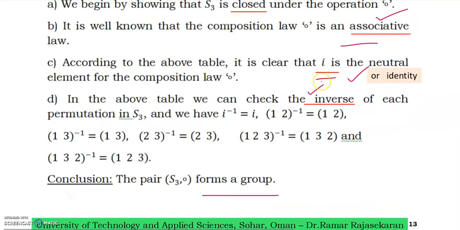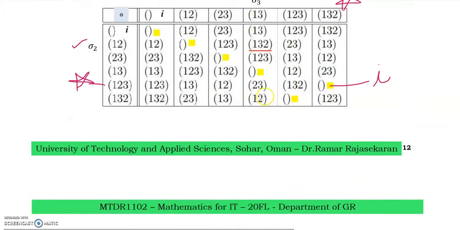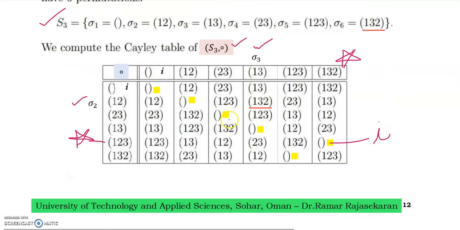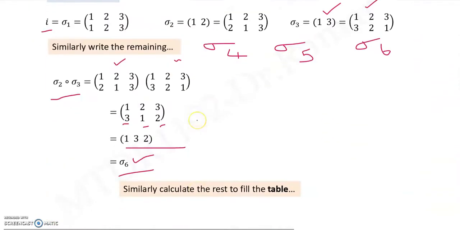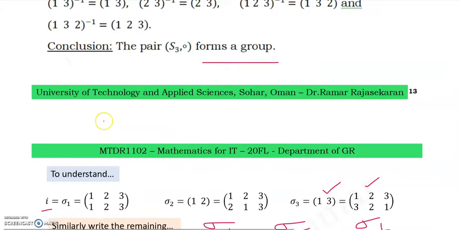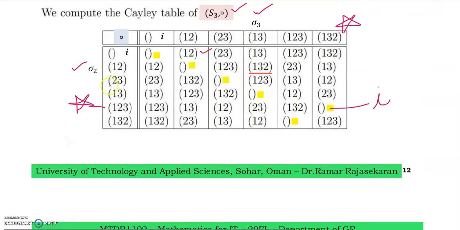What is the identity? Identity means you take this identity element, you operate any element with identity, and again you will get the same element. That is the identity property. Clearly we are getting it here. That's why I told you, like how I did sigma 2 composite sigma 3, you do all possibilities, all compositions, then you fill the table.